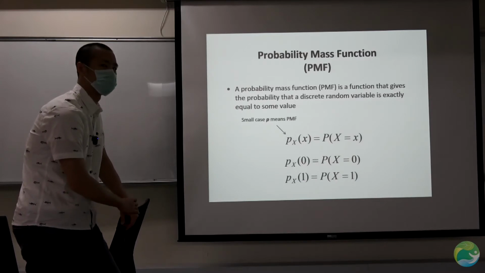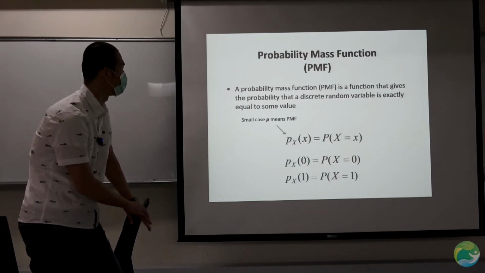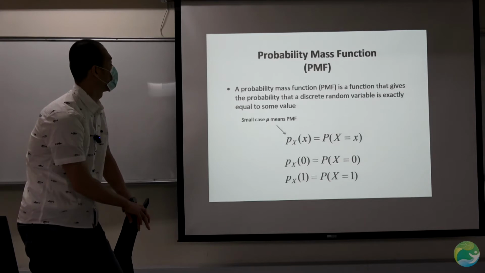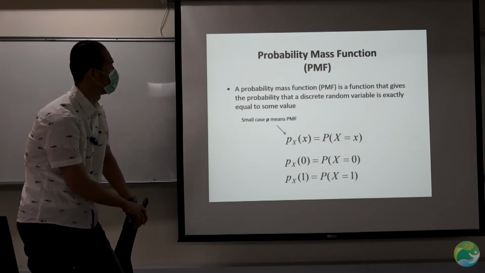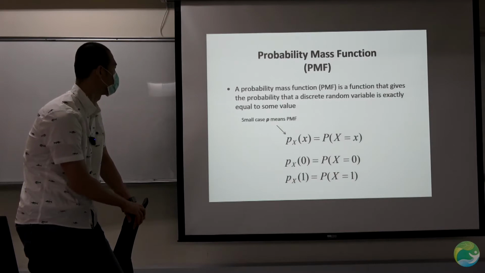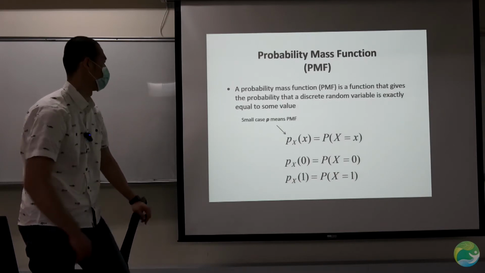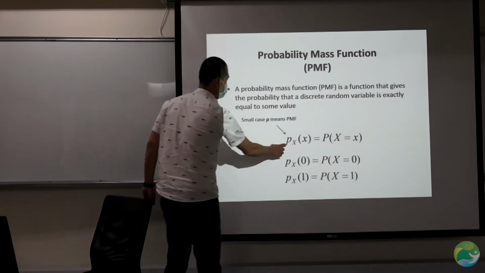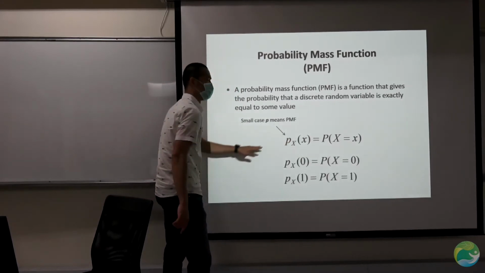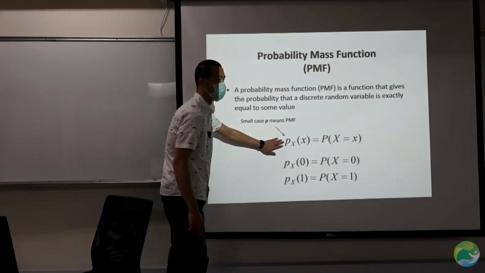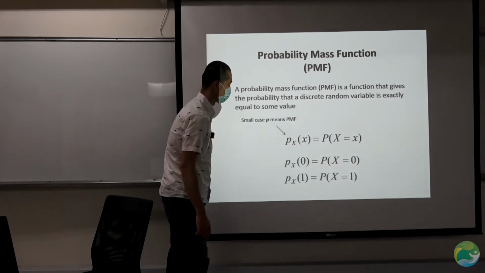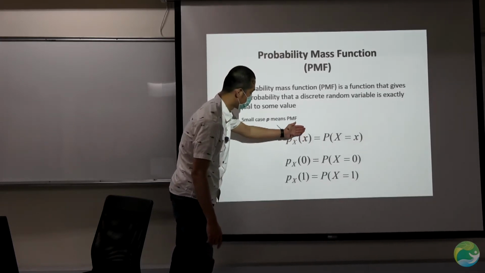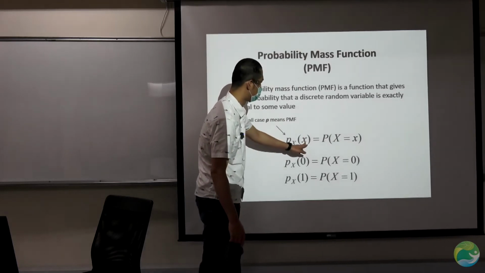We use probability mass function for discrete variable. A probability mass function is a function that gives the probability that a discrete random variable is exactly equal to some value. In here, the smaller case p means this is a discrete variable, and we use it for the PMF, okay? And then X is a random variable.